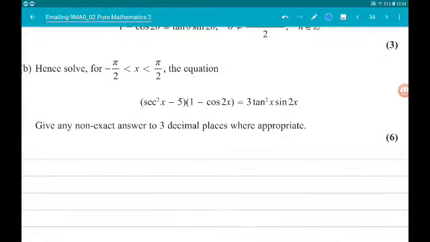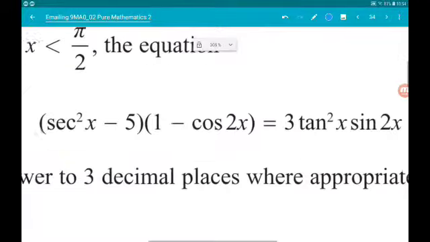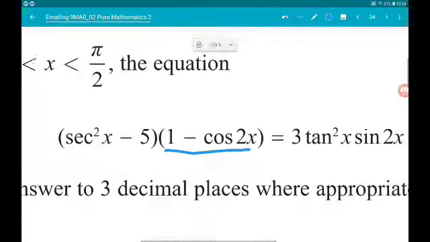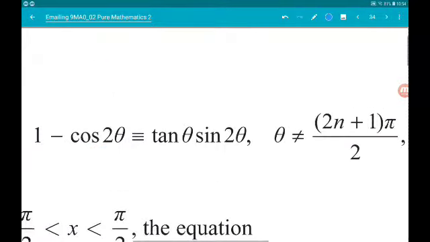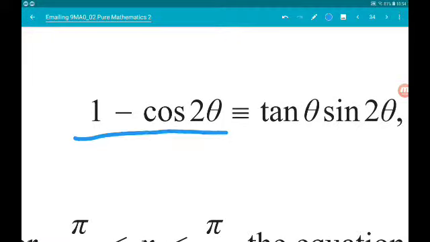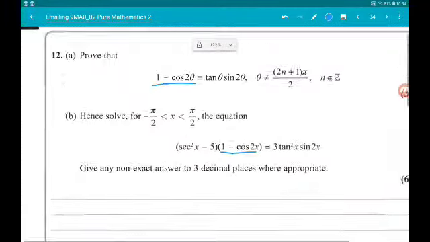Give any non-exact answers to 3 decimal places. Okay, so check out what we have here. 1 minus cos of 2x, and that was the left hand side of this identity.